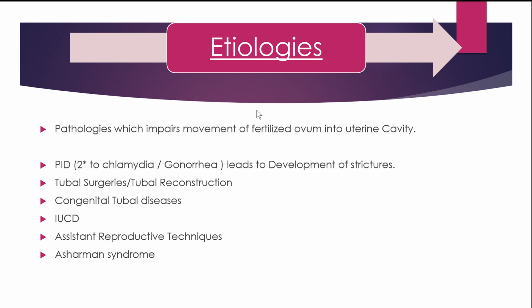Now there are various pathologies which impair the movement of fertilized ovum from the fallopian tube to the uterine cavity, which might include pelvic inflammatory diseases secondary to bacterial infections, which lead to the development of strictures. Tubal surgeries and tubal reconstructions are the strongest risk factor for ectopic pregnancy.